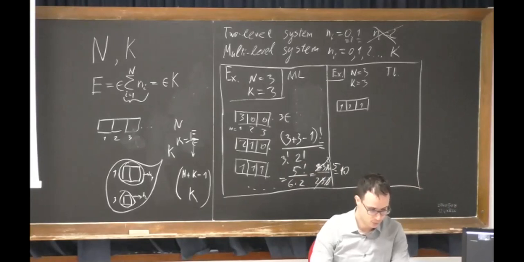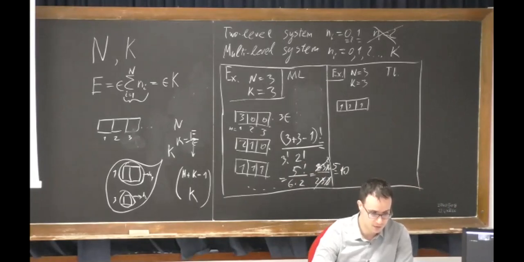So problem 2. Just like the first problem, you can define entropy, find the entropy of this system, find temperature and chemical potential. You will have to find them eventually.